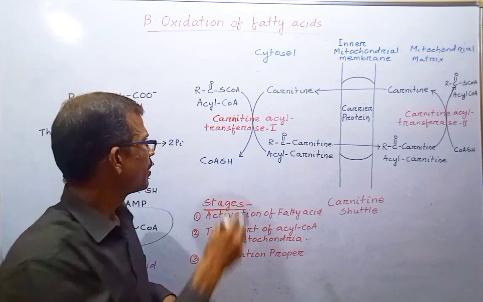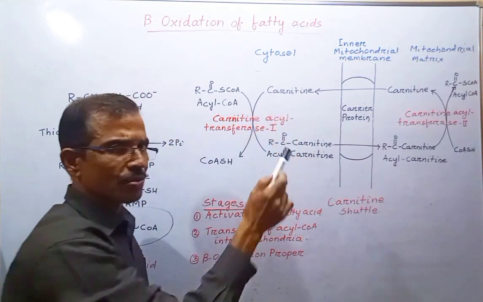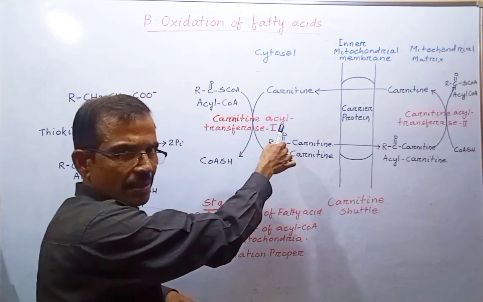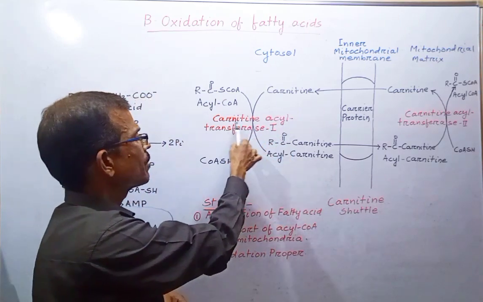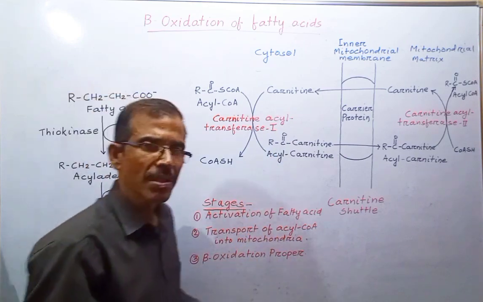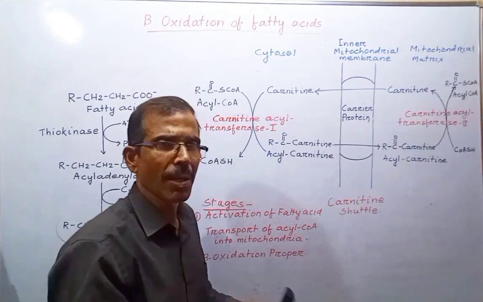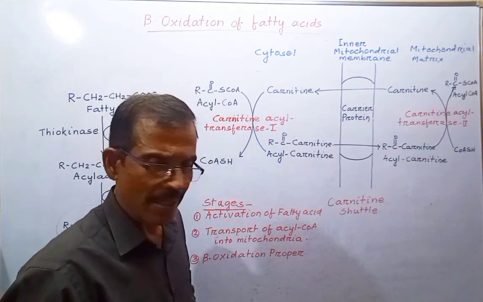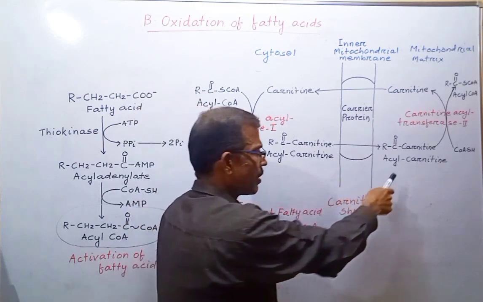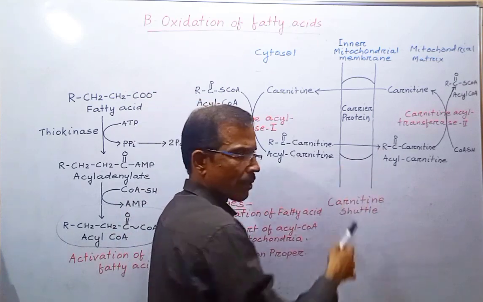In the first step, acyl coenzyme A reacts with carnitine to form acyl carnitine. This reaction is catalyzed by the enzyme carnitine acyltransferase 1, which is present on the outer surface of the inner mitochondrial membrane. In the second step, acyl carnitine is transported into the mitochondrial matrix by a carrier protein.